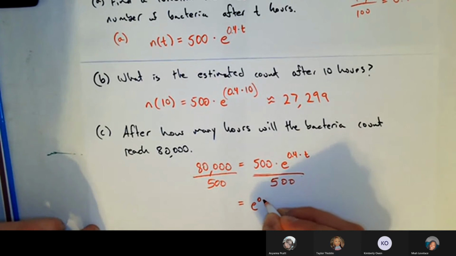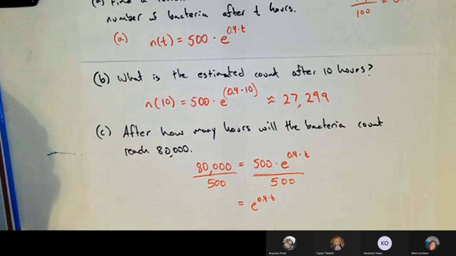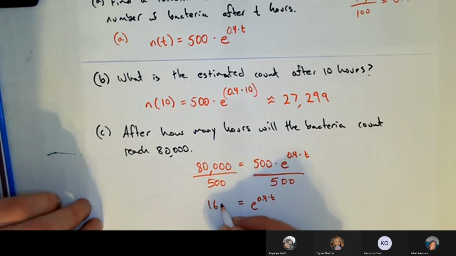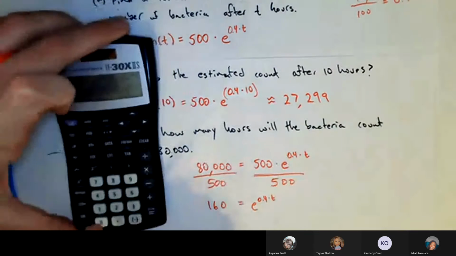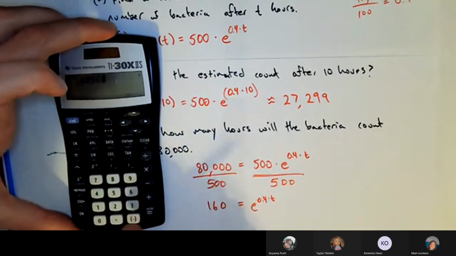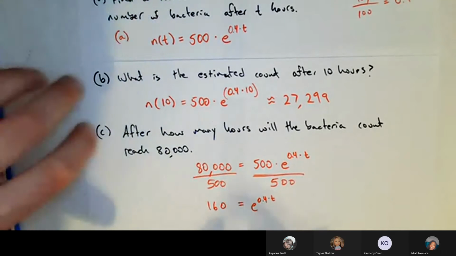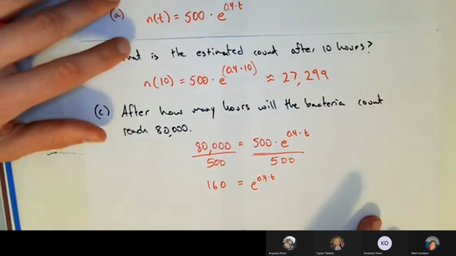So on the left, I've just got e raised to the 0.4 times t. And on the right, what is that, 100? Is that 160? I'll just do it the safe way, divided by 500. Yeah, 160.